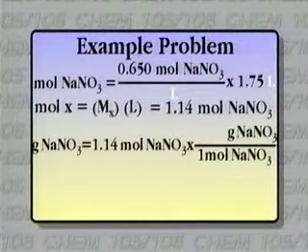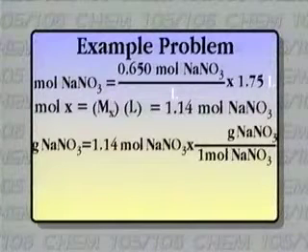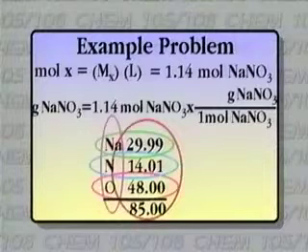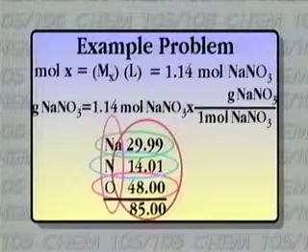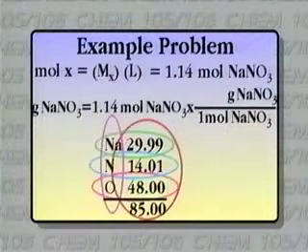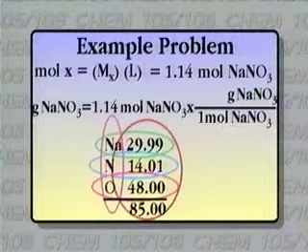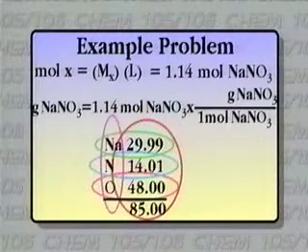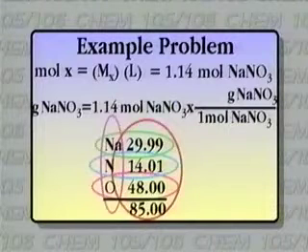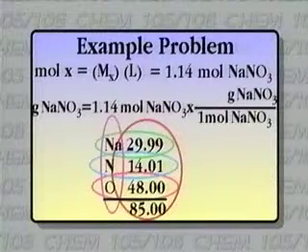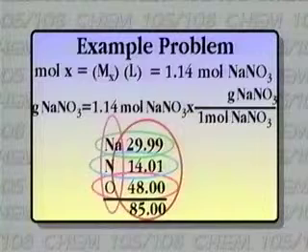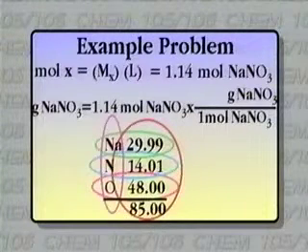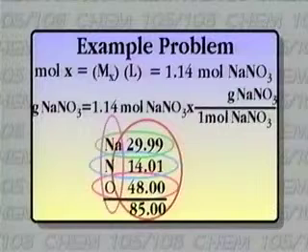So calculating then the molar mass of sodium nitrate so that we can plug that in here. Well, let's see. We'll just do that down here in the corner. Sodium 22.99, looking at our periodic table. Nitrogen 14.01, and 3 oxygens. Oxygen 16 times 3 would be 48.